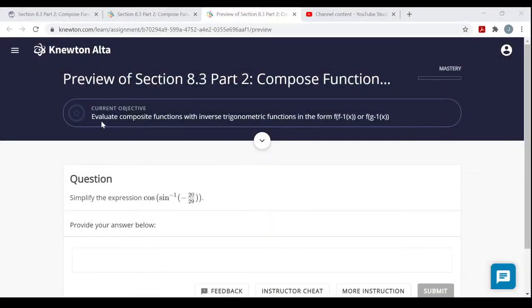So here I have, evaluate composite functions with inverse trig functions of the form f composed with f inverse. Now hopefully you remember what it means to compose two functions from maybe an algebra class or pre-calculus 1. I'm not going to go into all that. You should know what it means to compose two functions by now. So f composed with f inverse of x, or f composed with some other function's inverse, g inverse of x, like I have here.